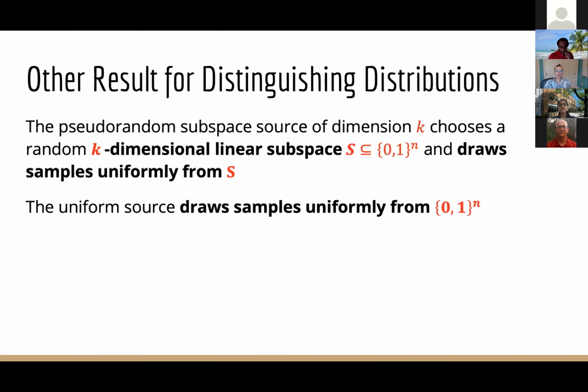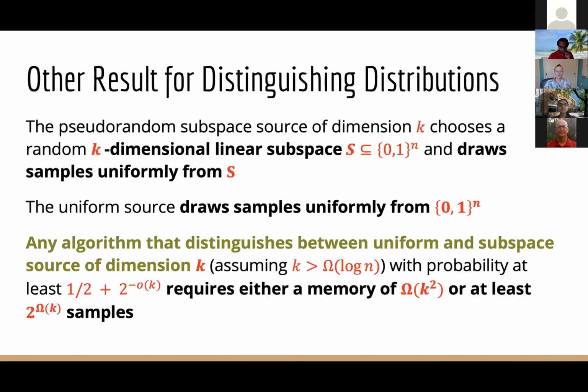And we want to distinguish between these two cases. We prove that any algorithm that distinguishes between uniform and subspace source of dimension k requires either k-squared memory or at least an exponential number of samples, where exponential is in k.